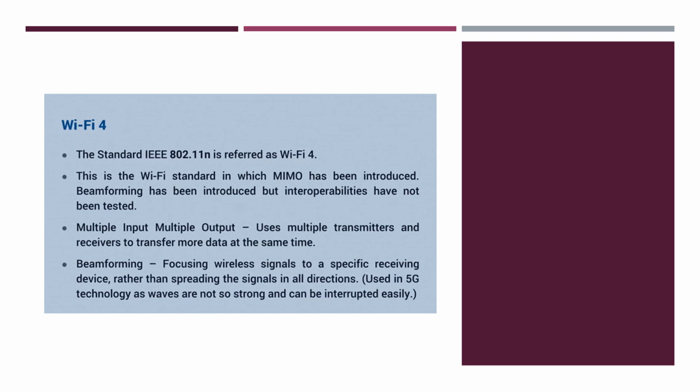That means it uses multiple transmitters and receivers to transfer more data at the same time. Similarly, beamforming is focusing the wireless signal to a specific receiving device rather than spreading the signal in all directions.